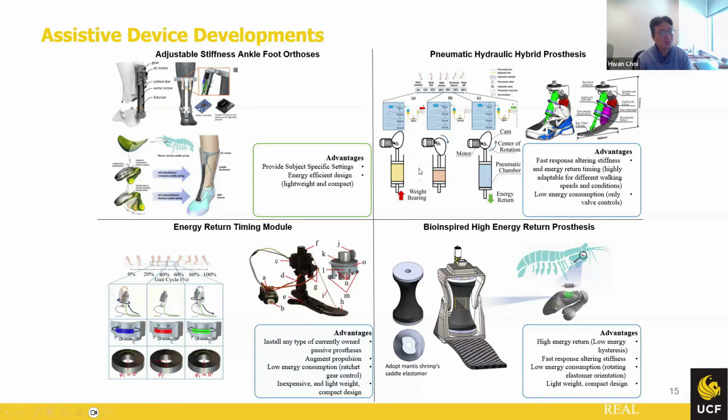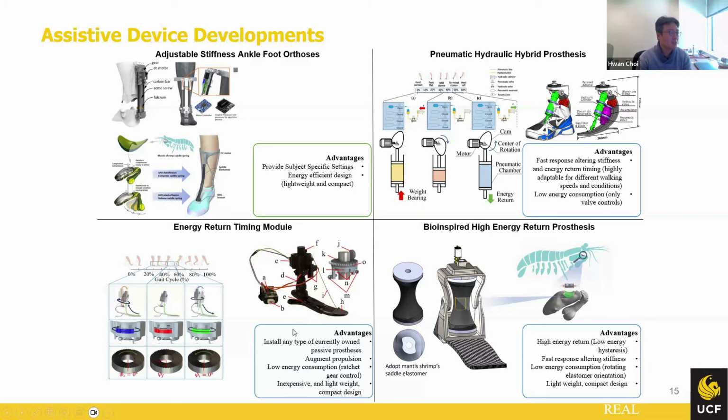In the pneumatic system, the motor rotates the cam, and the cam gives extra compression so that the device can store even more energy. And then when the energy is needed, when people push off, pushing their body forward and upward, all the energy is released. We believe that this is going to be the new paradigm of the lower limb prosthesis.